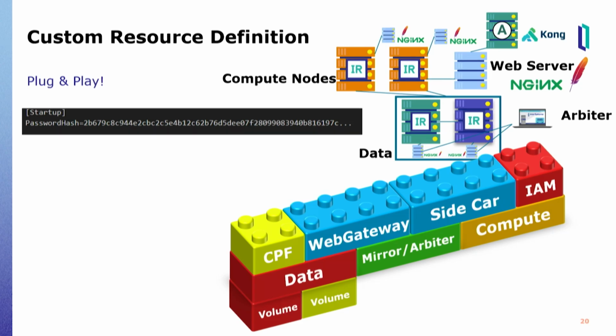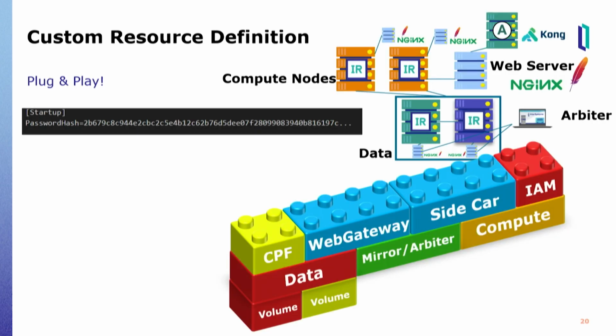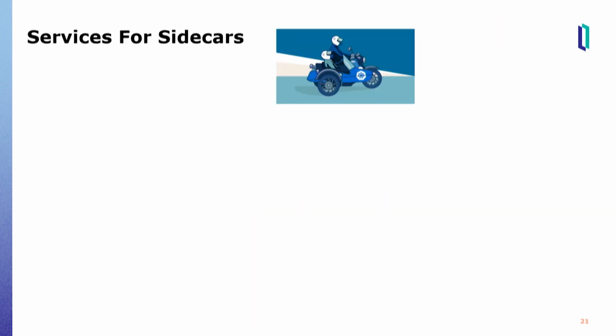That's the point I really want to drive home, that we can plug and play with any parts that we want, whether we want mirroring or we don't want mirroring, and stuff like that. So at least in your CPF file, we can set it up whether it be for the data side, the compute side, or just in common in general. But we at least need to set up a password hash, which is what we see here.